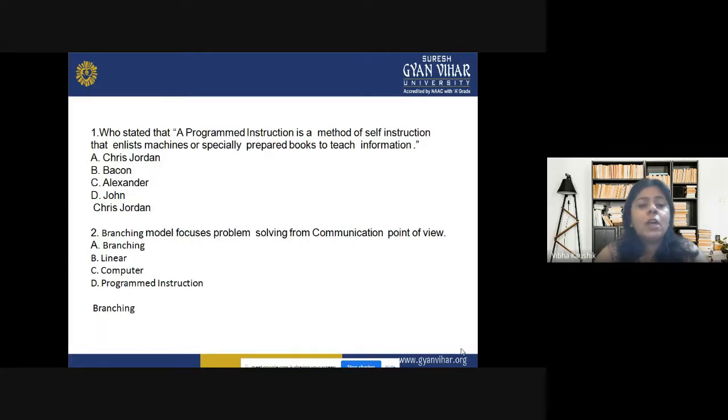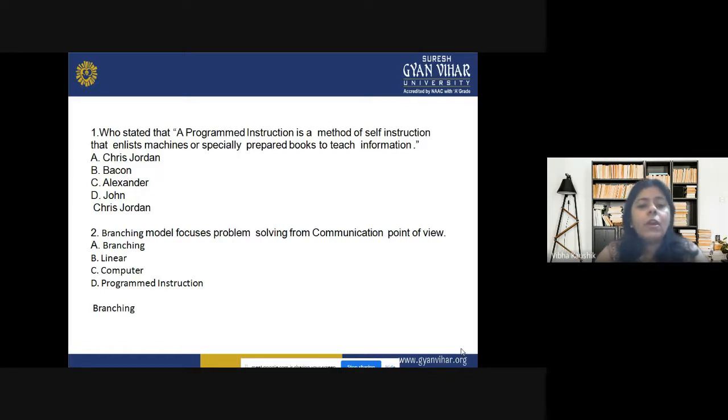Now, the options are whether this definition was given by A, Charles Jordan, B, Bacon, C, Alexander, or D, John. So, students, these are the options. Now, you have to select the correct one on the basis of the given choices, and the correct answer will be option A, that is Charles Jordan.